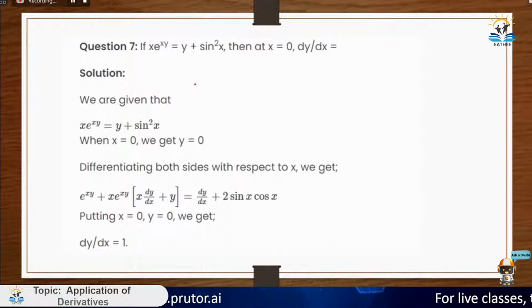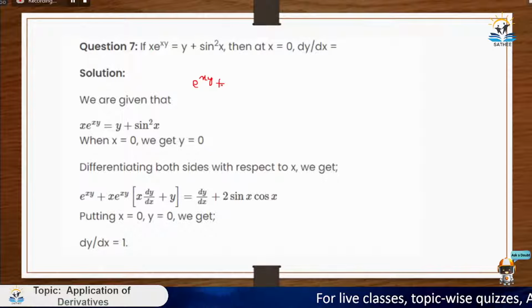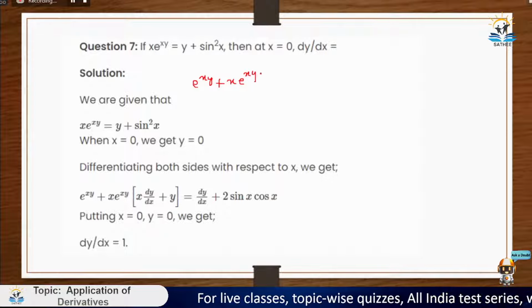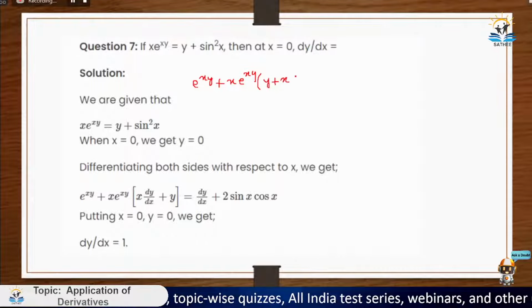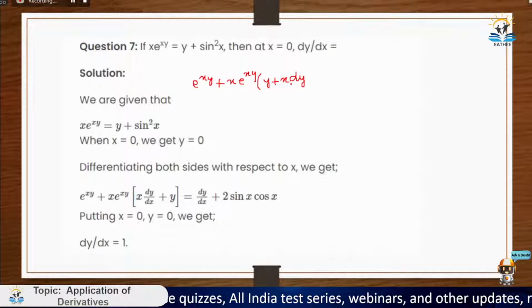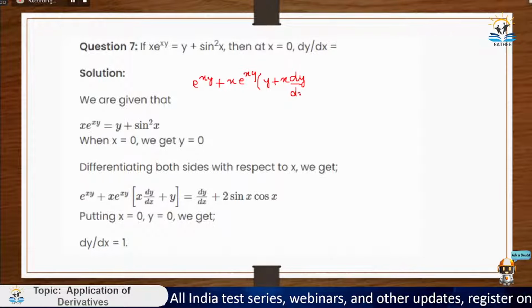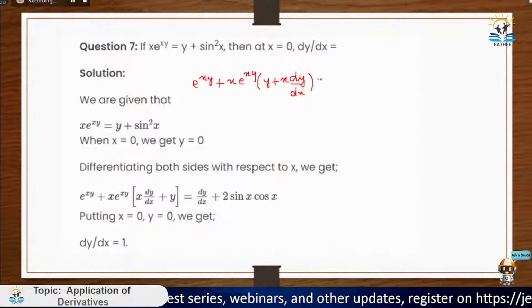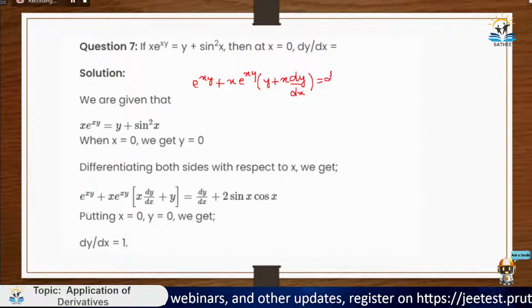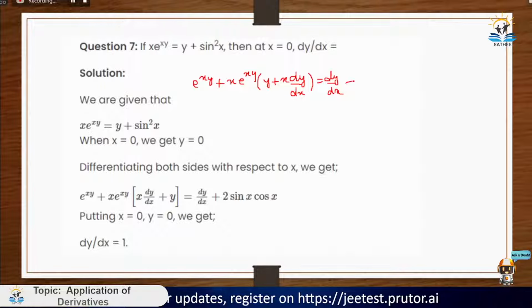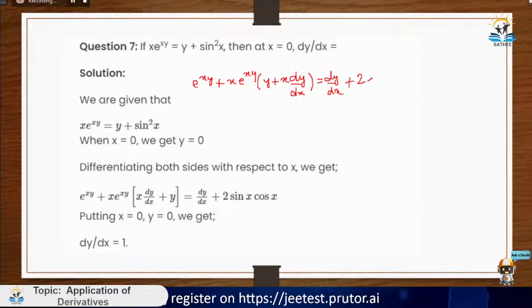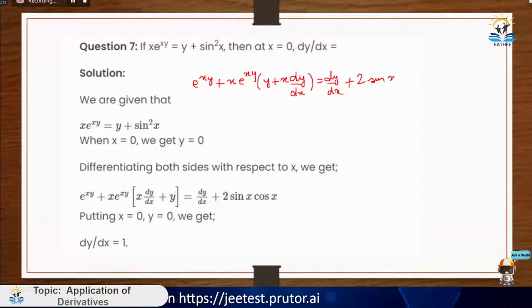So differentiation of x is 1, into e power xy, plus x as it is into differentiation of e power xy, which would be e power xy into differentiation of xy, that is y plus x dy by dx, is equal to dy by dx plus differentiation of sine square x, which would be 2 sin x cos x.